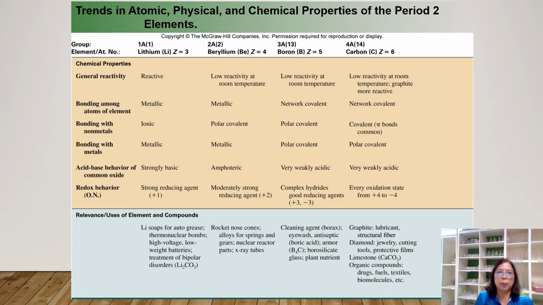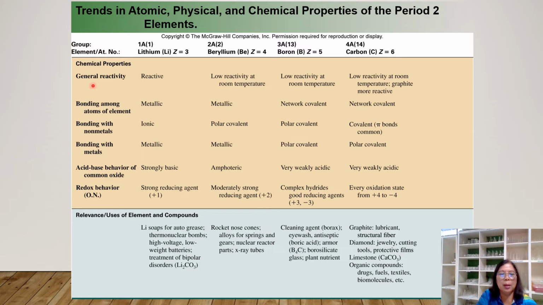Okay, let us try to look into their periodic character in terms of atomic, physical, and chemical properties. Again, the elements are arranged from 1A or group 1 to group 4, following also the atomic number from 3 to 6.